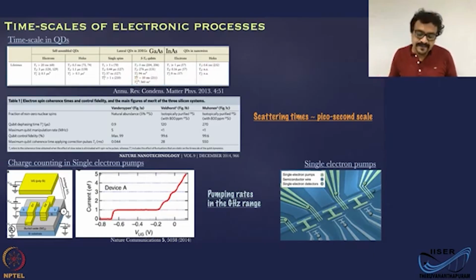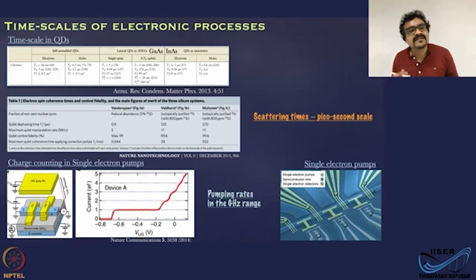Whereas the scattering times in these solids such as gallium arsenide or silicon, these are the two main platforms where one would like to realize advanced quantum mechanical devices. The scattering times are in picosecond range.